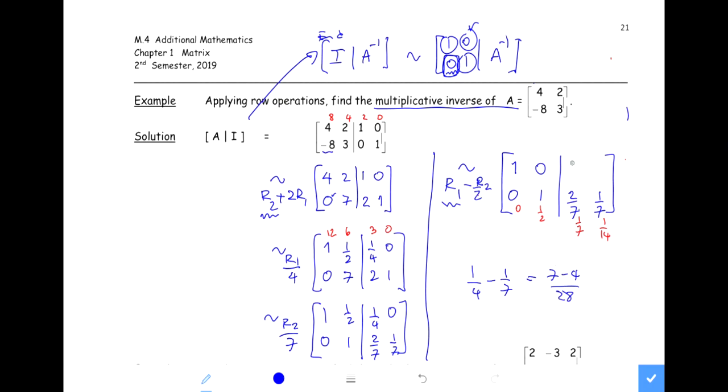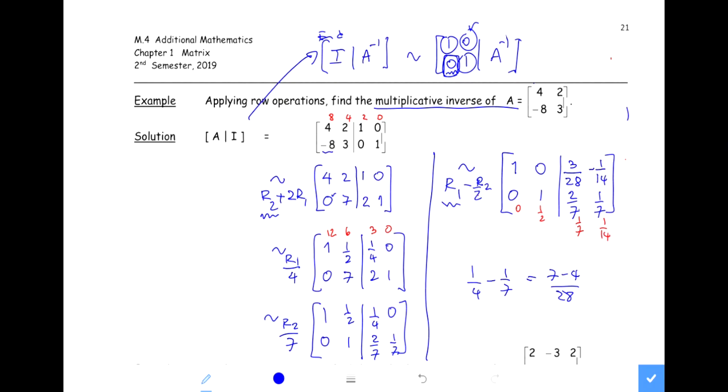That is 3 over 28. What's wrong with me? I said 7, I wrote 4. I said 8, I wrote 7. 3 over 28, right? And then I want to do 0 minus 1 over 14. That is negative 1 over 14.